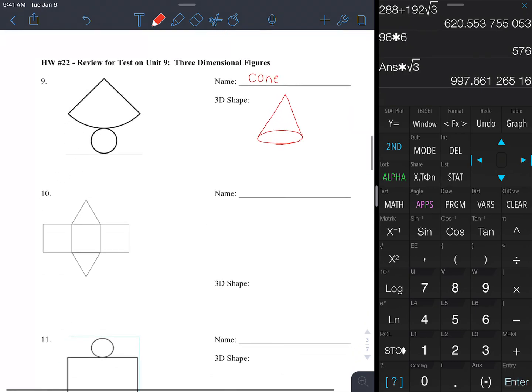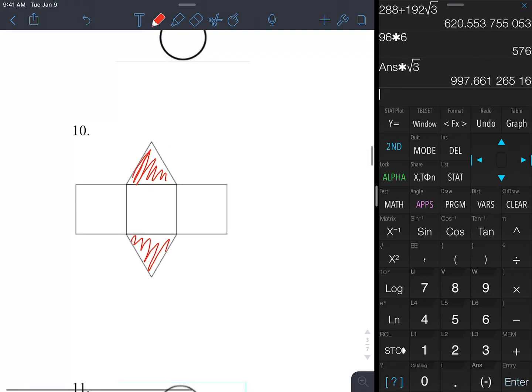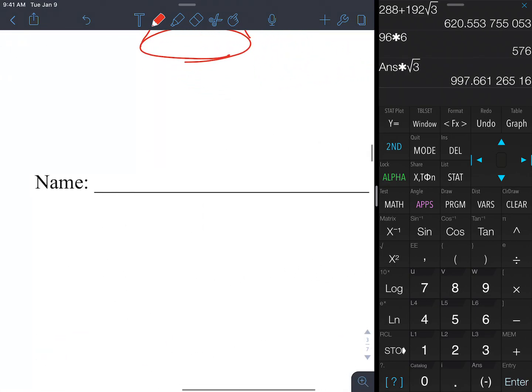Okay, the next one here, you have 2 triangles and then 3 rectangles right there. So if you have 2 triangles, that's probably some type of prism, since they're the same shape. And since they're triangles, we'll call that a triangular prism.